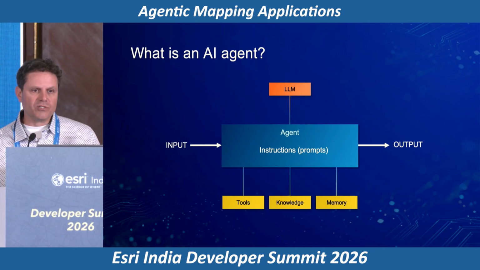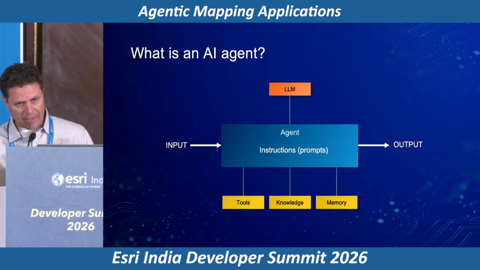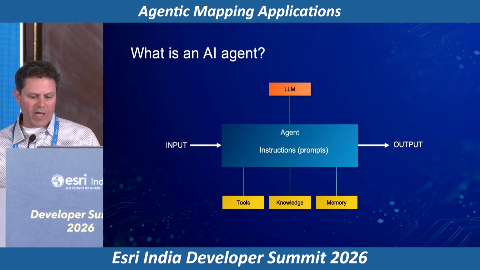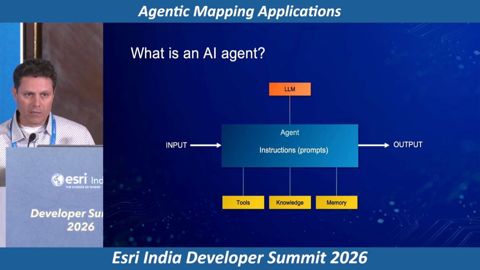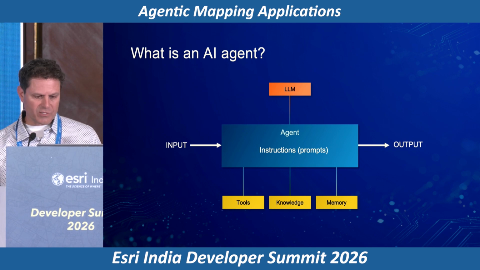And finally, agents have memory. They have memory of the conversation and the prompts that we've had with it for that particular session, but they also have memory of previous interactions, and they use that for future interactions as well.